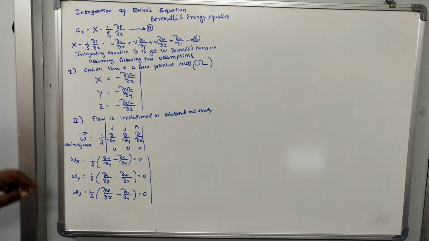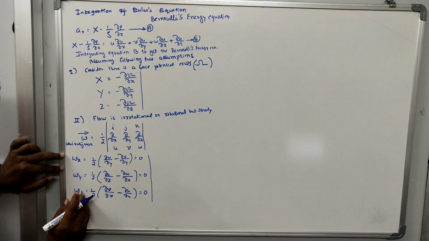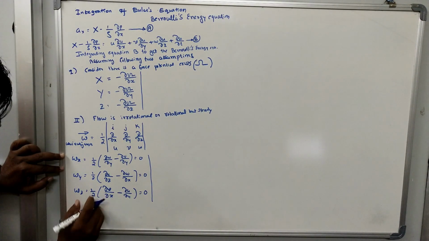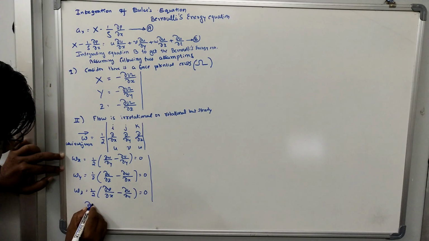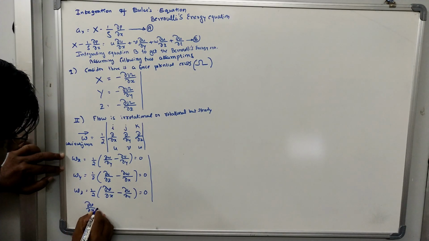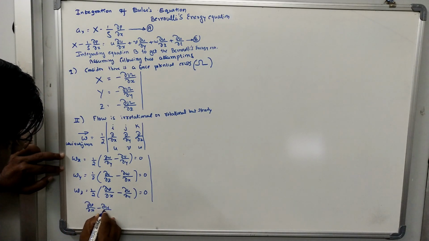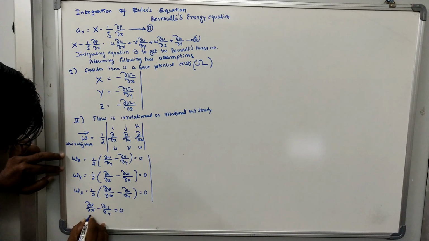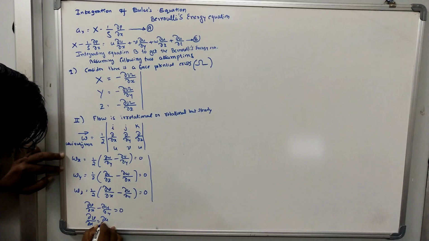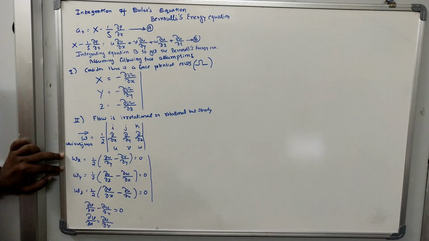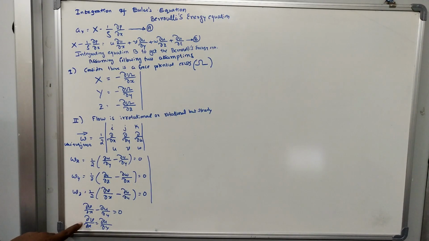So from this, let us take omega z. This is equal to ∂v/∂x minus ∂u/∂y equal to 0, or ∂v/∂x is equal to ∂u/∂y.